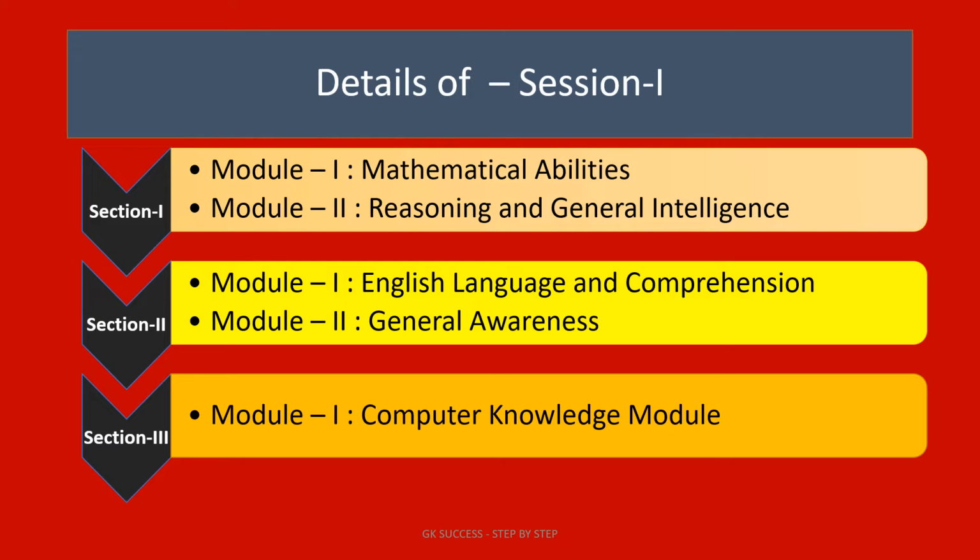Now let us see the details of session 1. Here, session 1 has 3 sections as we have already seen. Section 1 consists of 2 modules. Module 1 is mathematical abilities. Module 2 is reasoning and general knowledge. Under section 2, module 1 is English language and comprehension. Module 2 is general awareness. Under section 3, there is only one module. The subject is the computer knowledge module.